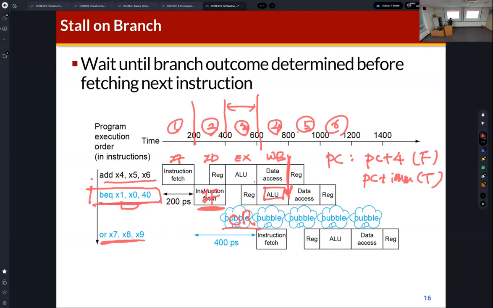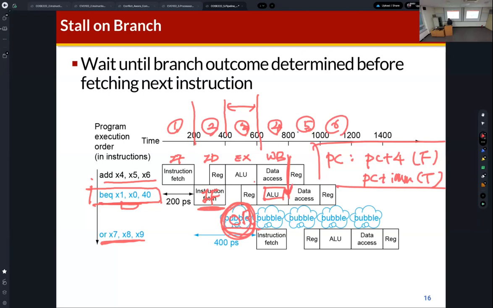But the next instruction needs to be fetched at clock cycle 3. So what's the problem? We don't know the next PC because the condition of the branch is not resolved.